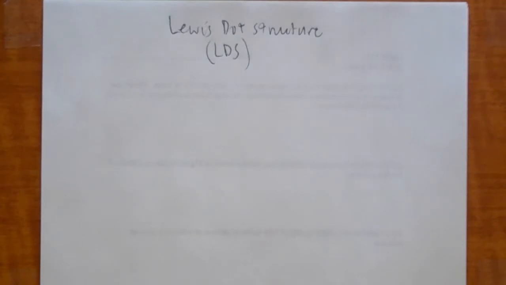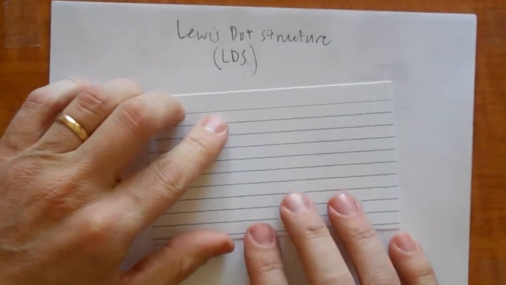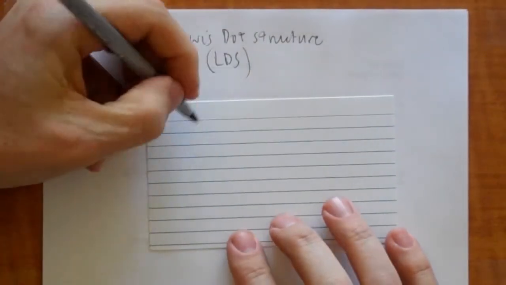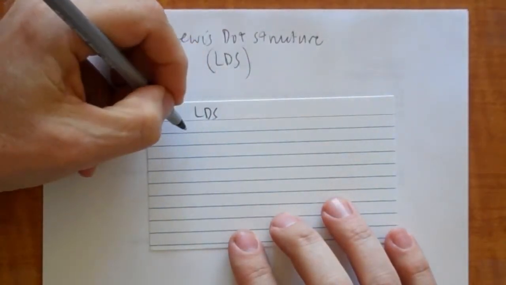Because writing Lewis structures is so important, I'm going to make a 3x5 card and pull the same 3x5 card out for each problem that we do. Lewis dot structures.